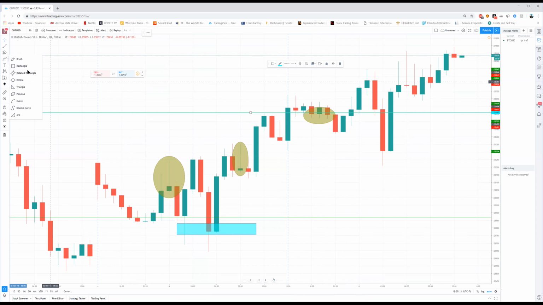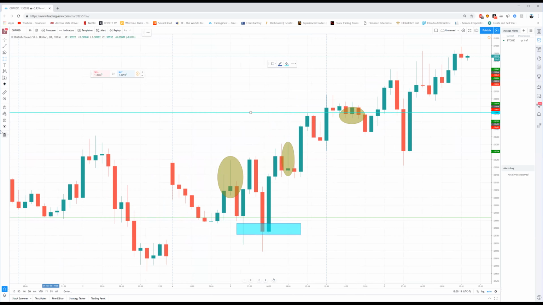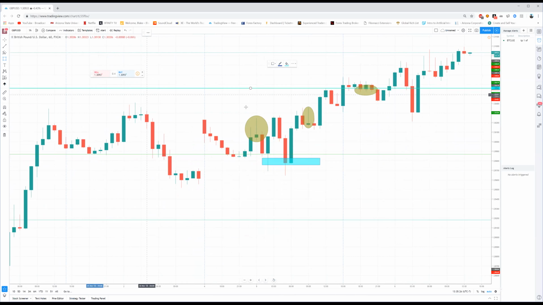So how I like to draw my price reversal zones is you use the rectangle tool. You make sure that the magnet tool is off. You definitely do not want the magnet tool on when drawing these. And then you want to make sure that you capture not only the whole of these candles, because they're so small anyways, but also another level that you can find of maybe less powerful support and resistance.